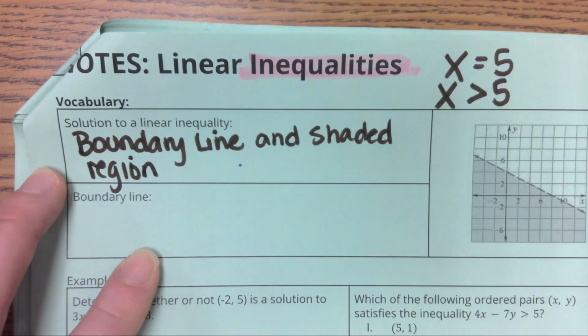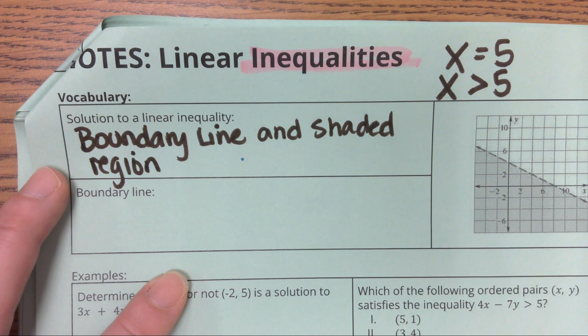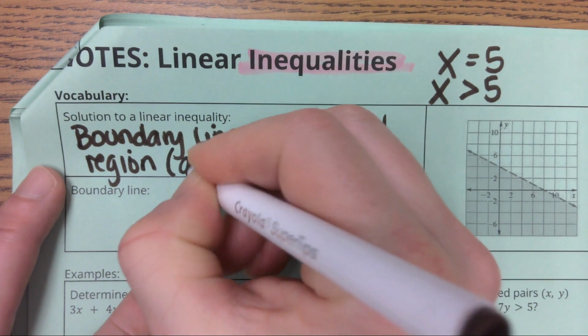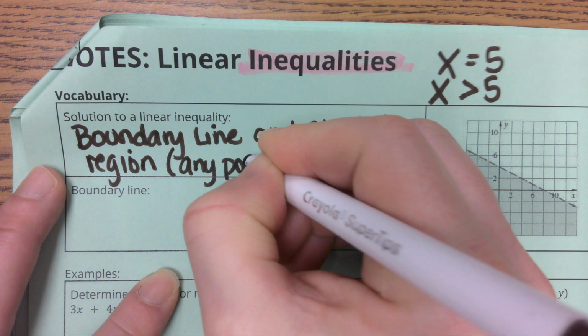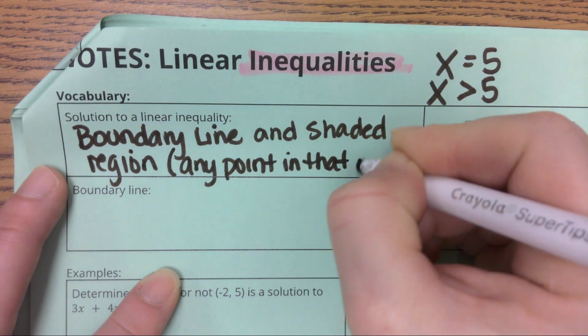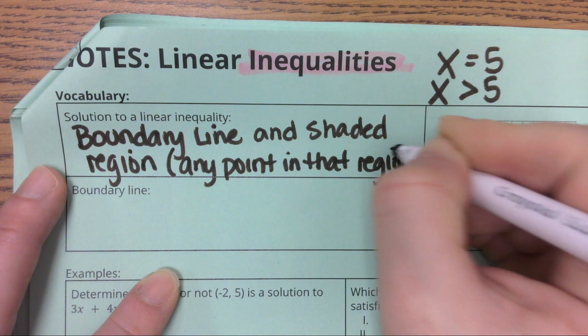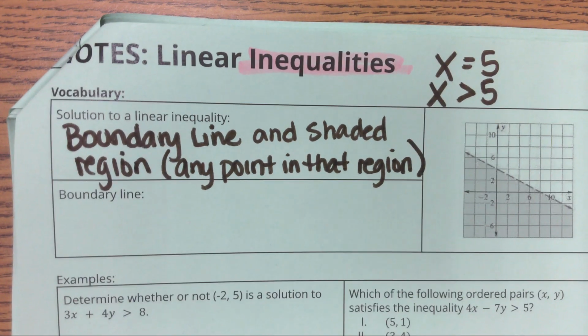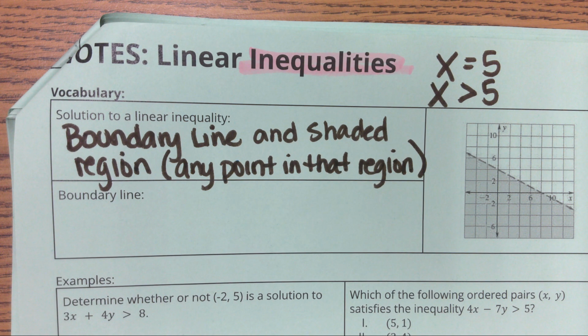And so the solution is going to be any point in that region. Okay, so we are going to have two kinds of boundary lines.